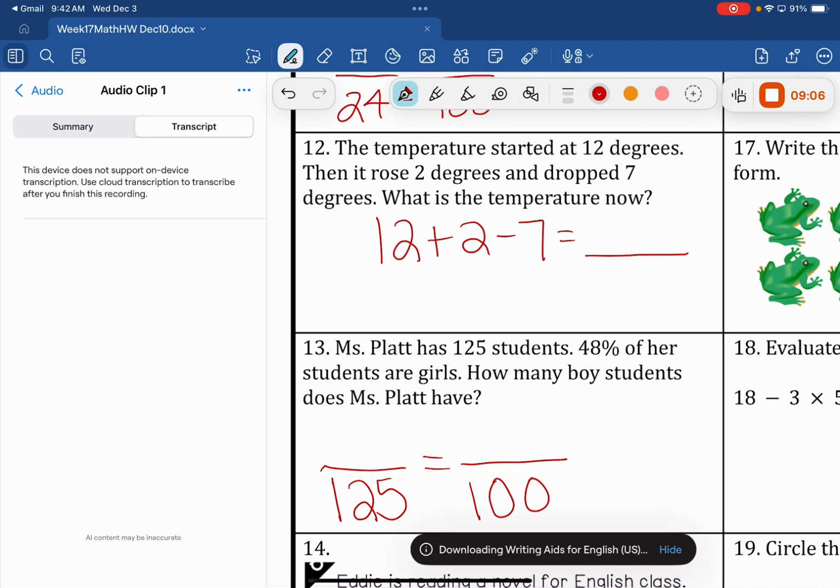And so if 48% are girls, what's the percentage of the class that's boys? Well, that's easy. That's 100 minus 48, yes, 52. Okay, so that is how I would solve that because we figured out the percentage for the boys.